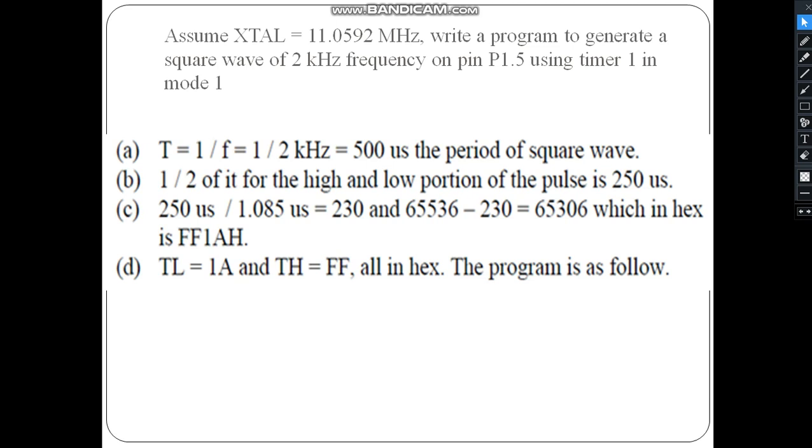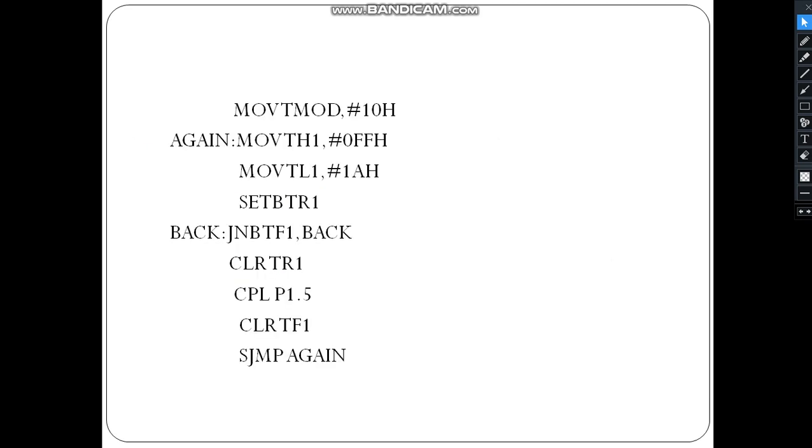Then we have to write the program. It is said that timer 1 in mode 1. So first we have to calculate the value that has to be loaded into the TMOD register. Since we are not using timer 0, the lower nibble is 0 and the upper nibble is 1.